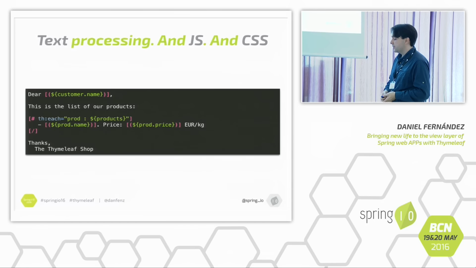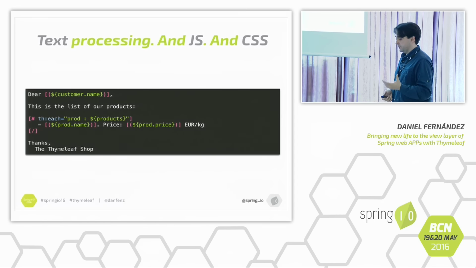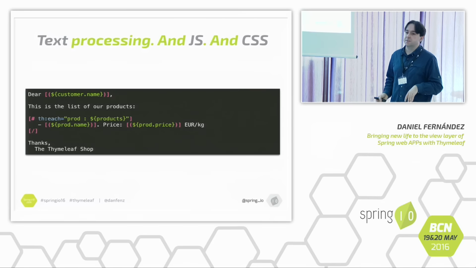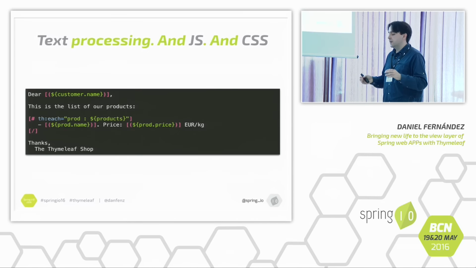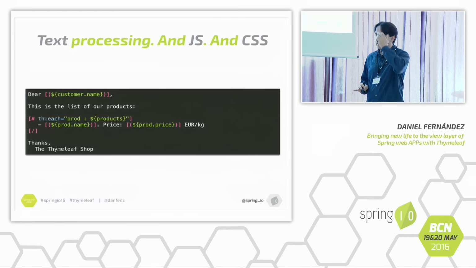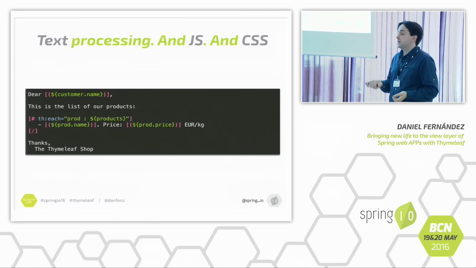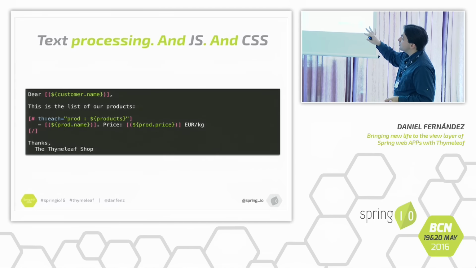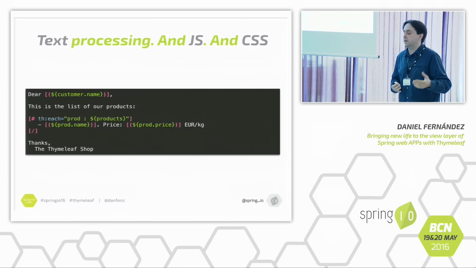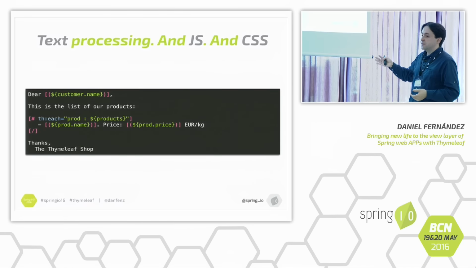Also, in Thymeleaf 3, we have the possibility of not only processing markup, this is HTML and XML, but we can now have text processing. Text processing means that we can get a piece of text that doesn't have any HTML or XML tags, and apply logic to it by using placeholders. You see there's something with a bracket and a hash symbol. Those are placeholders, the substitutes for tags. There you can apply all the logic that you want.